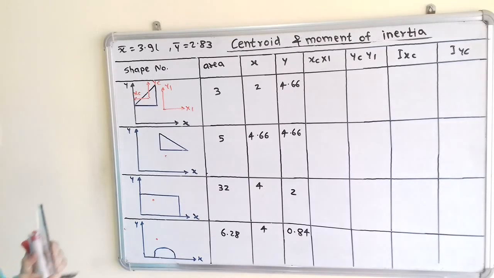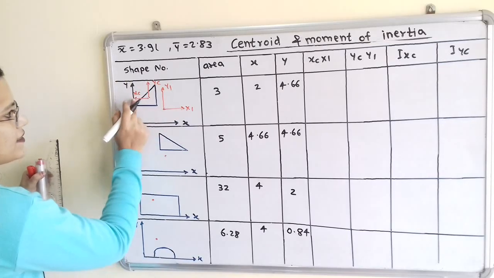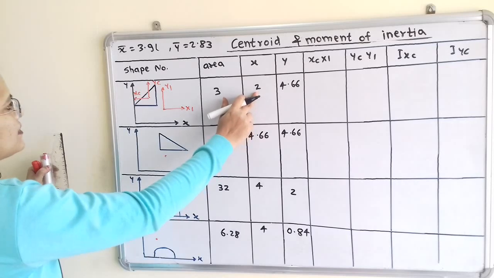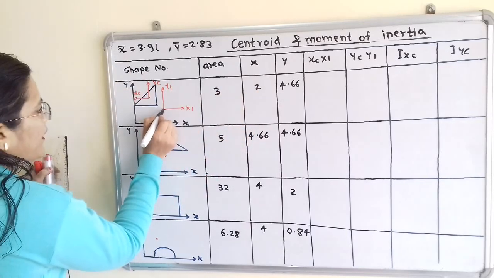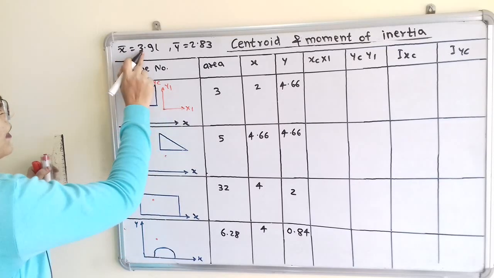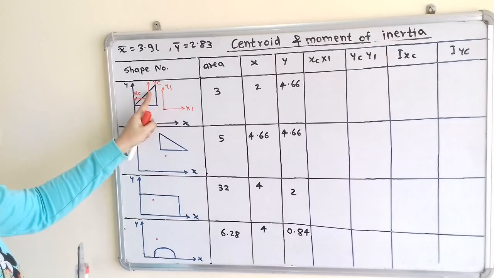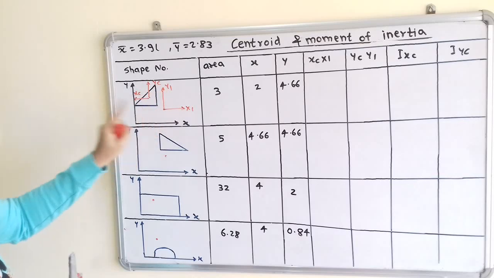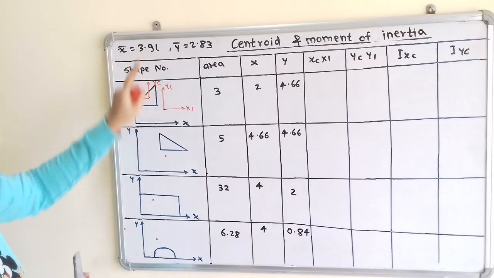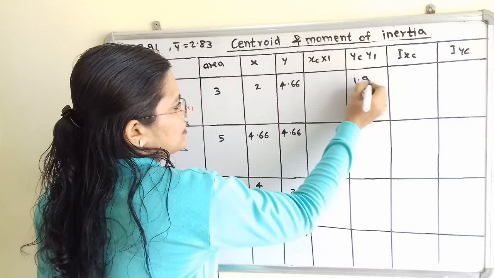Now if we observe for this shape number 1, this horizontal distance from this y-axis is known as x, and it is equal to 2. In the same way, for this point, the horizontal distance from y-axis is known as x bar, and it is equal to 3.91. So here the distance in between yc and y1 is equal to x bar minus x, that is 3.91 minus 2, that is 1.91. So we have to mention here.